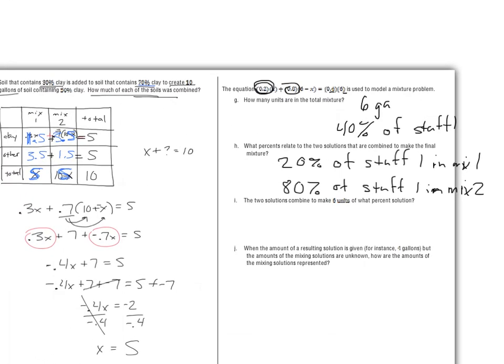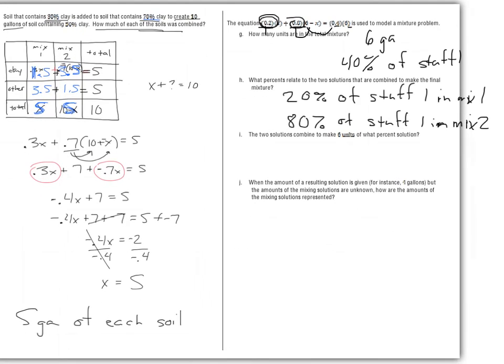Starting with my distribution, 0.8 times x, I'm going to get, this is the distributed version, 0.2x plus 4.8 plus negative 0.8x is equal to 6. Not 6, it is 0.4 times 6, that's going to be 2.4.